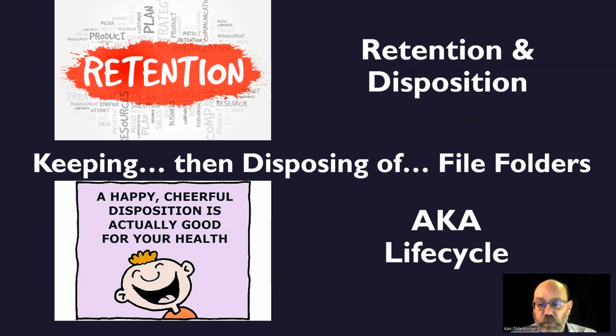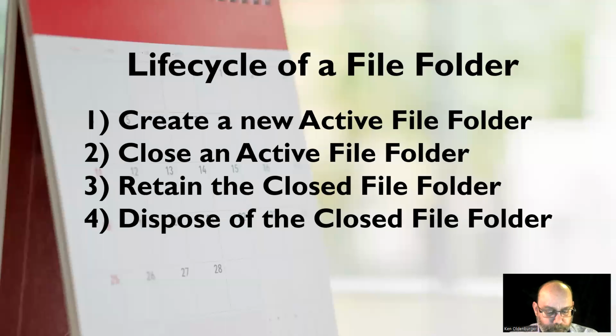And very often we also refer to this as the life cycle of a file folder. So the life cycle of a file folder is determined by instructions attached to a secondary.